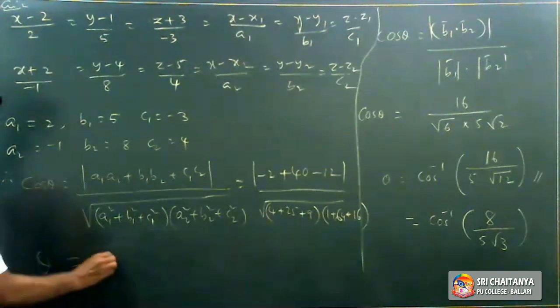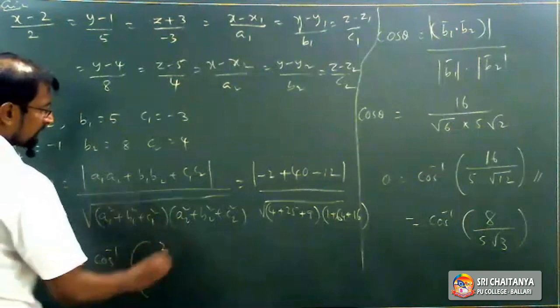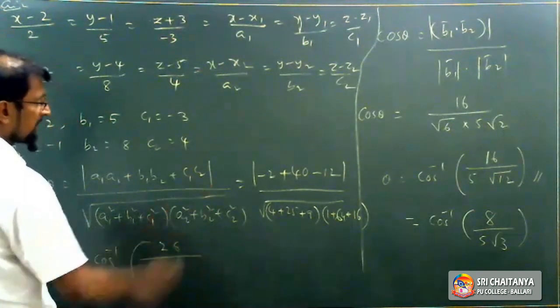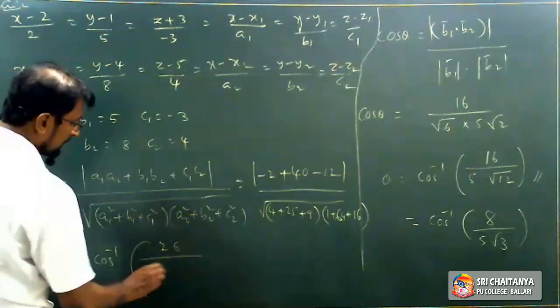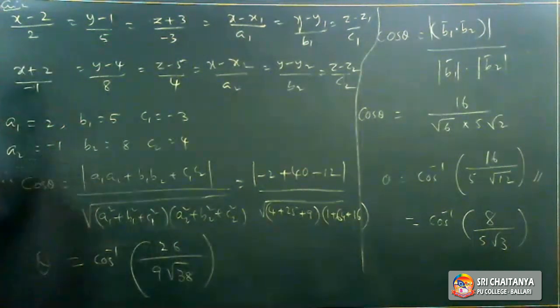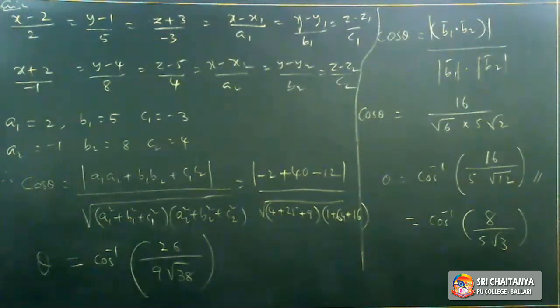Theta is equal to cos inverse of 26 by 40 minus 14. So 9 into root 38 you should get. Even if you want, if it cancels, you can. Otherwise, you can keep as it is.